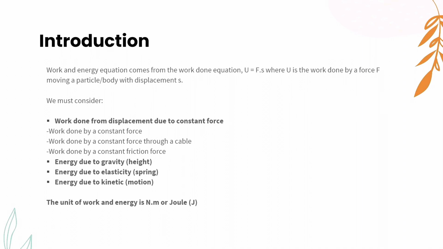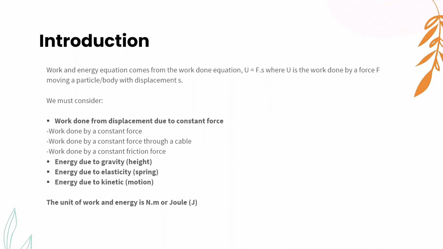And then we have work done by a constant force through cable. Constant force here means the tension in the cable is constant. And then we have work done by a constant friction force. Friction force direction is always against the direction of motion.